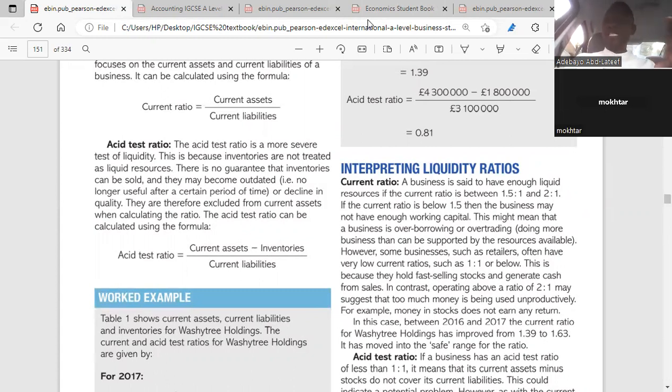What I'm saying is that if you calculate your current ratio and your result is between 1.5 to 1 and 2 to 1, you are fine as a business.